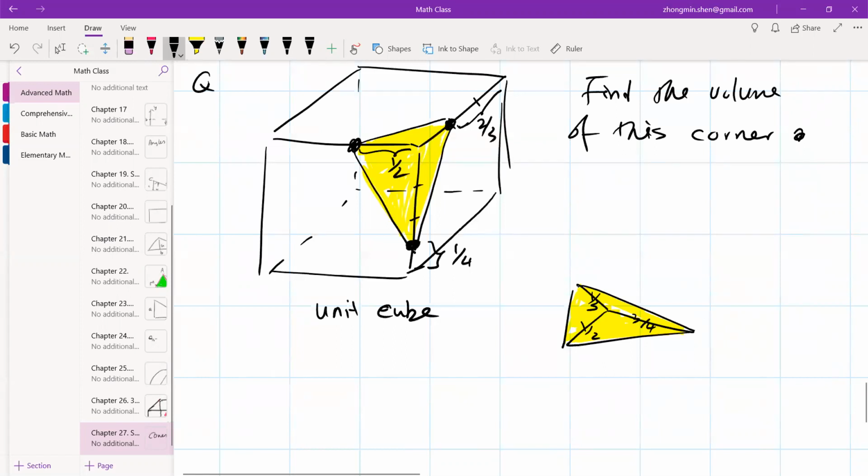Let's see, what do we got? One over what? 48. Any different answers? 1/8, Alex says. Edward says 1/32.